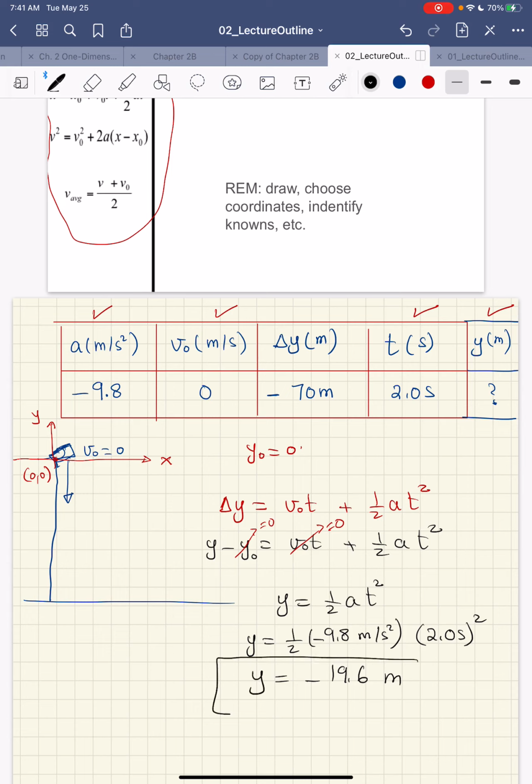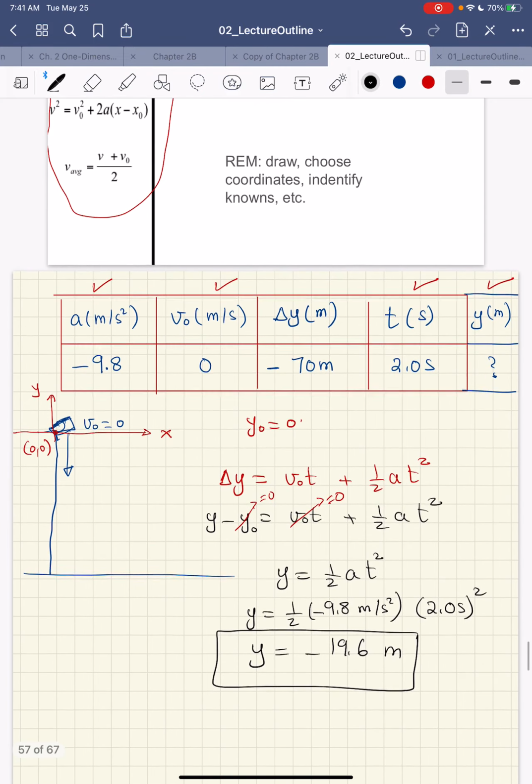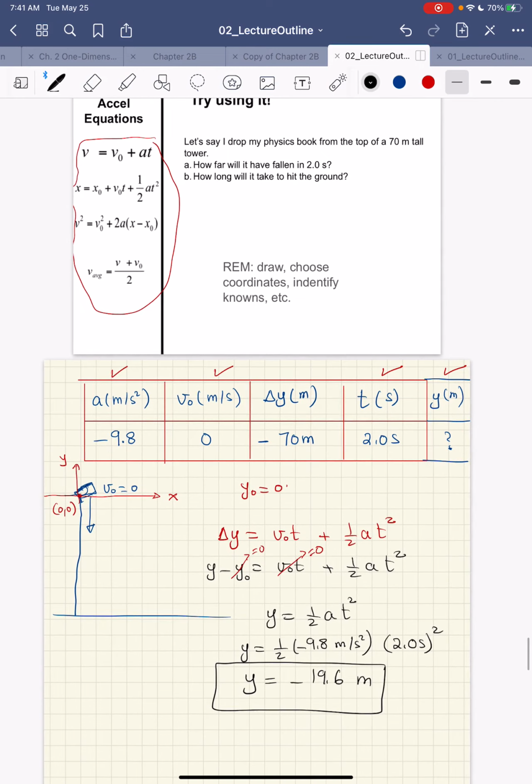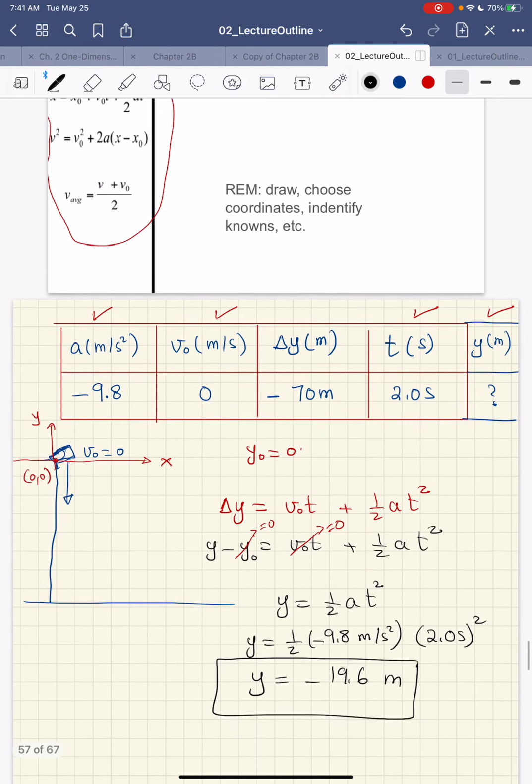And that is really negative because the object is heading down, and of course I did say y.